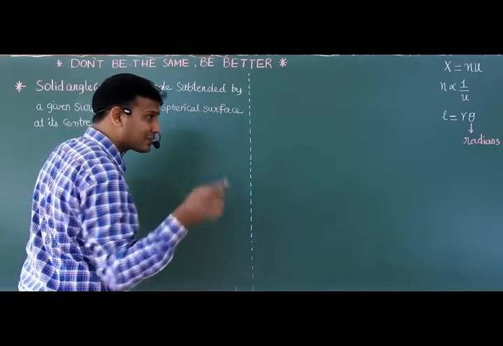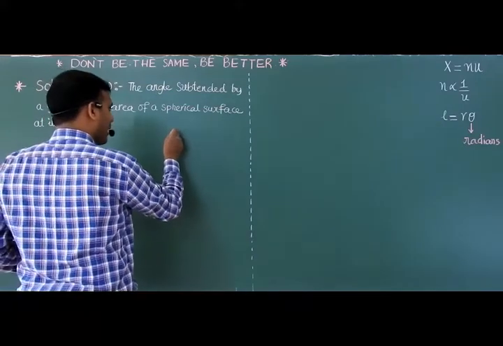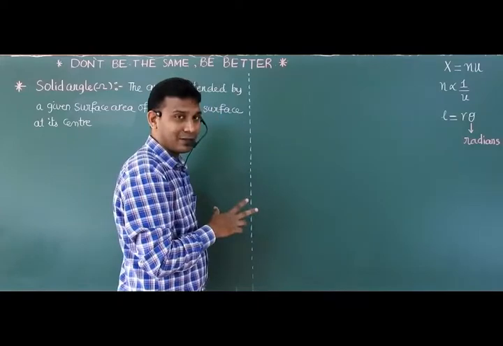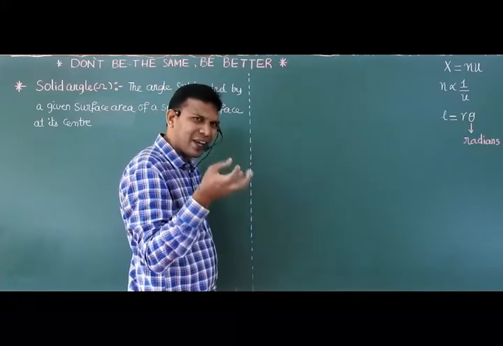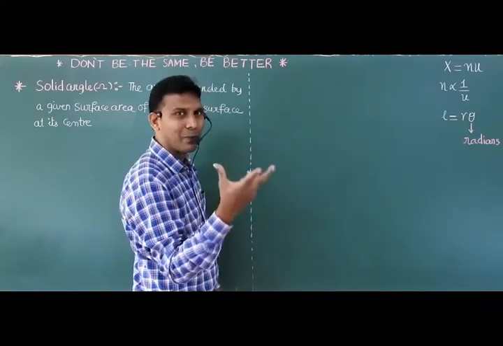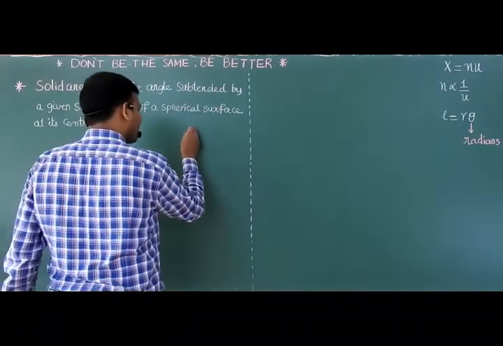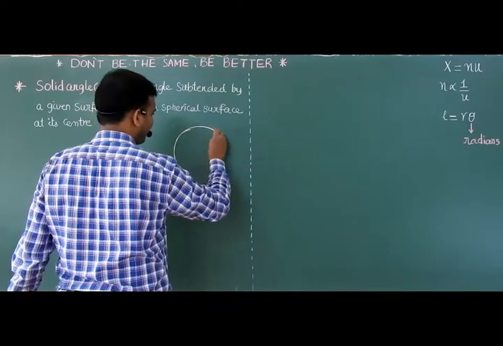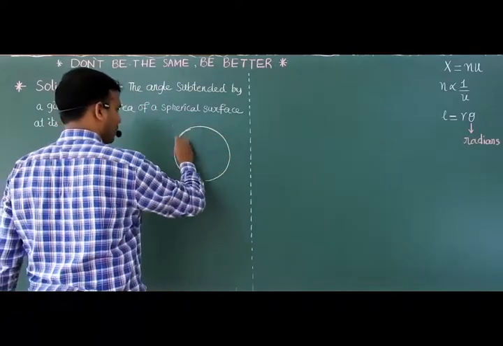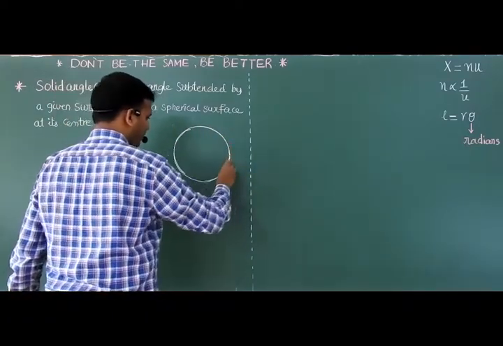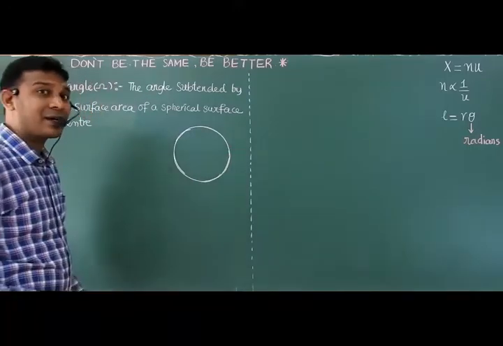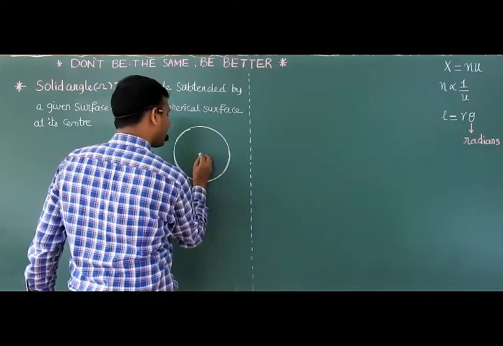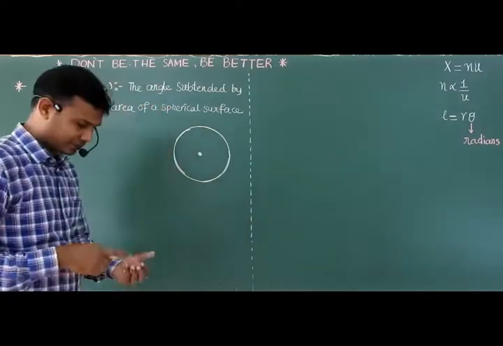So dear students, listen carefully. Actually a sphere is three-dimensional, but the board is two-dimensional. Okay, it is very difficult to visualize a three-dimensional object on a two-dimensional plane, right? So let us assume this is a sphere. This is the center of the sphere.